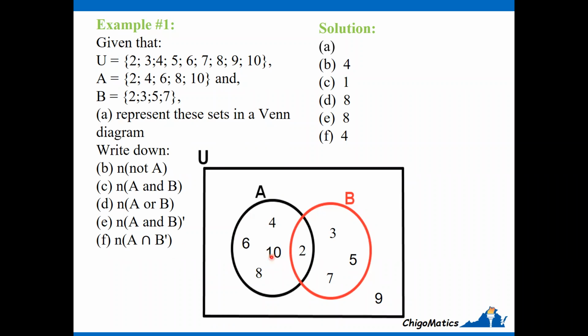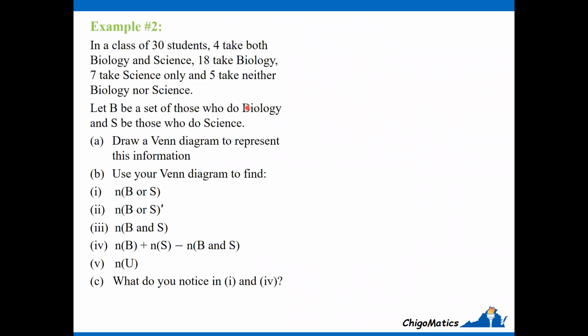Okay, this is basically what it means to represent information in a Venn diagram and then work with that information answering questions. Let us look at another example. In a class of 30 students, 4 take both biology and science, 18 take biology, 7 take science only, and 5 take neither biology nor science, right?